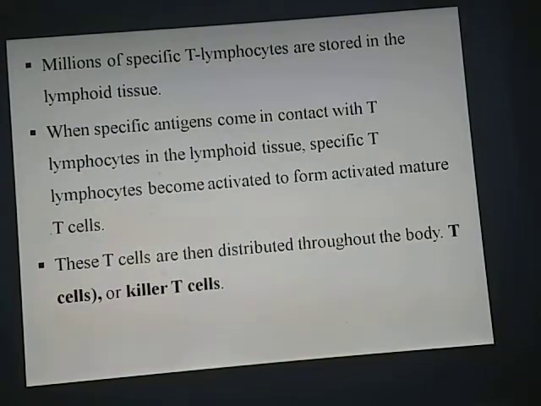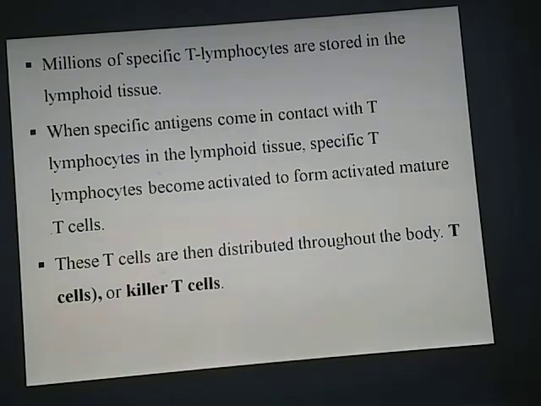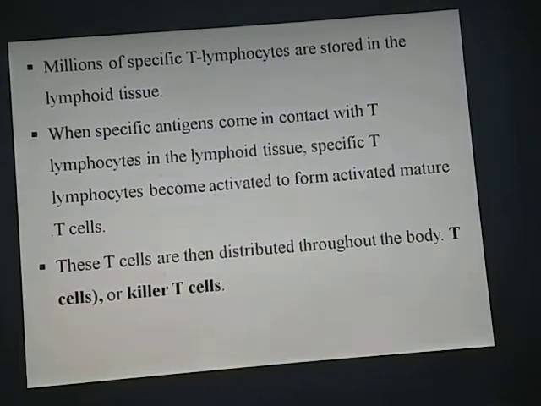Millions of specific T lymphocytes are stored in the lymphoid tissue. When specific antigens come in contact with T lymphocytes in the lymphoid tissue, specific T lymphocytes become activated to form mature T cells. These T cells are then distributed throughout the body, which are called killer T cells.